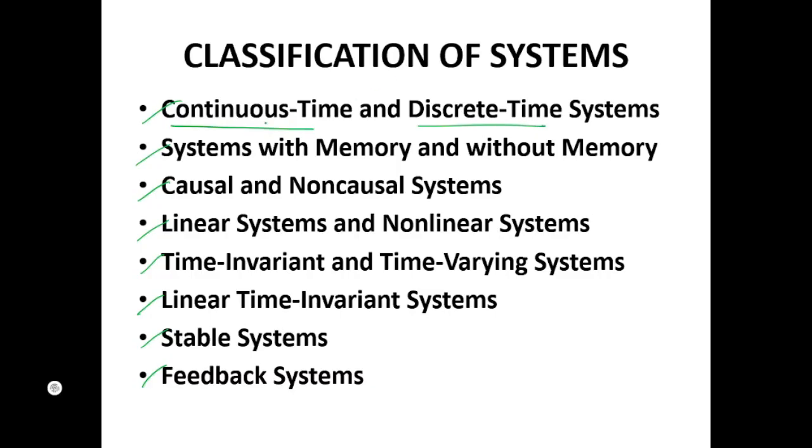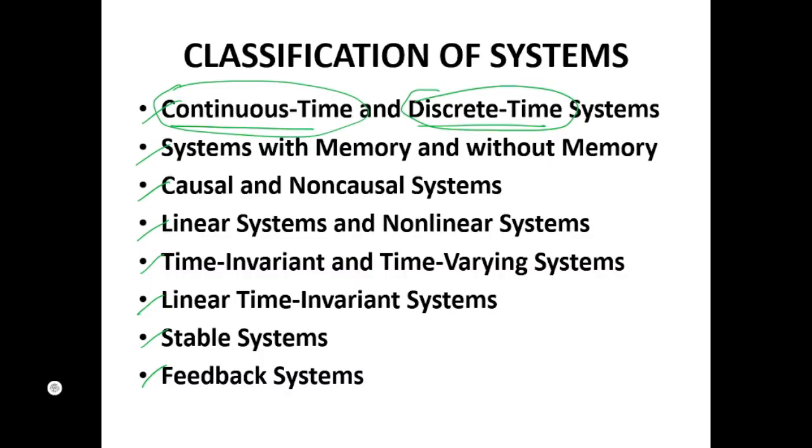If the system is capable of handling continuous time signals, then it is regarded as a continuous time system, and if it is capable of handling discrete time signals, it is regarded as a discrete time system. So what happens for the analog systems?